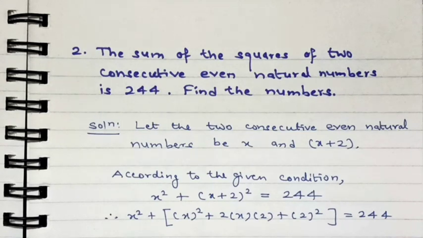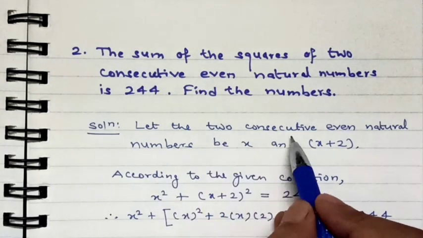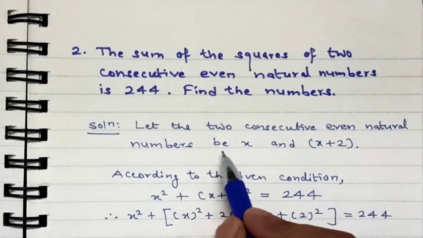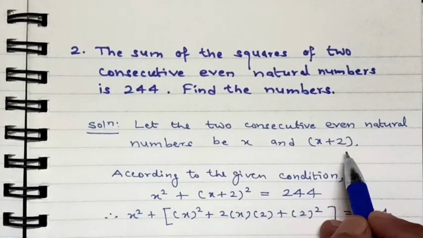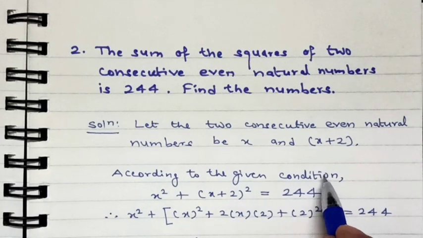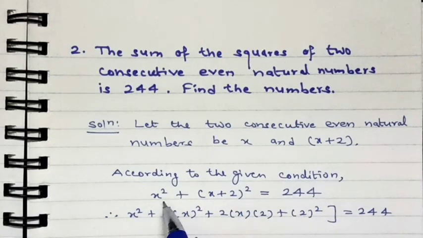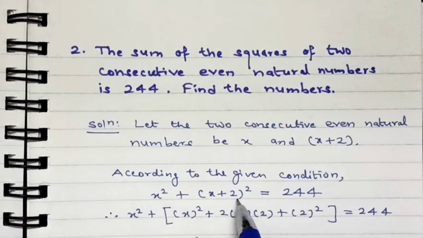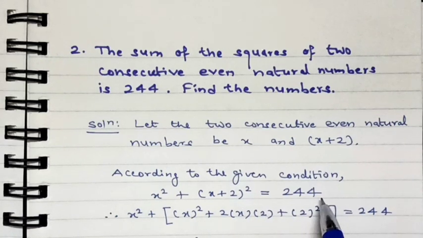So let's write, let the two consecutive even natural numbers be x and x plus 2. Now according to the given condition, the square of first number, that is x square, plus the square of second number, that is x plus 2 whole square, is equal to 244.